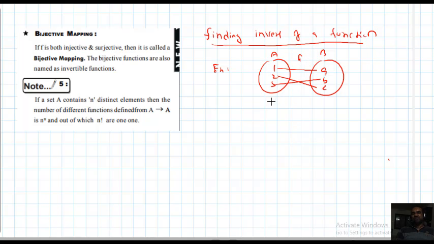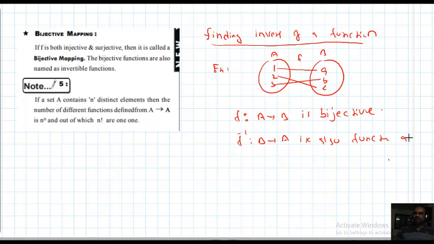So directly you can say that f is bijective, no? F mapping A to B is bijective. Okay, what happened? F inverse from B to A is also a function, and it is also bijective.